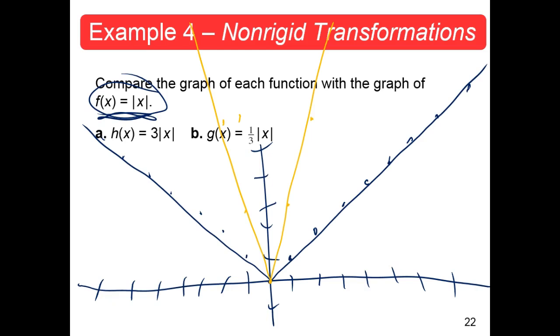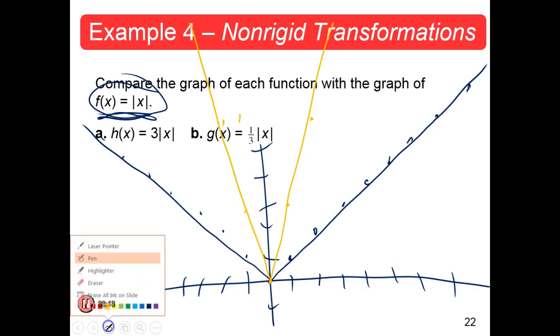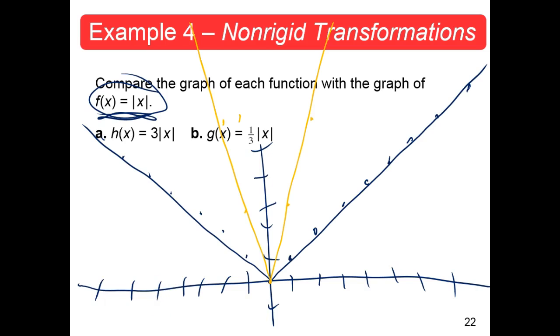Okay, let's do g. What color do you want for g? Purple. Okay. All right. What are you doing to g? A shrink, a vertical shrink. Okay? So this would be 1/3 of 1, 1/3 of 2, which is 2/3, 1/3 of 3, which is 1, 1/3 of 4, which is, you got the idea.